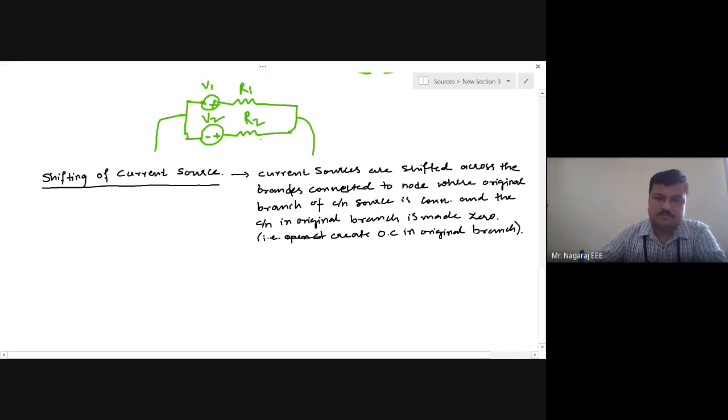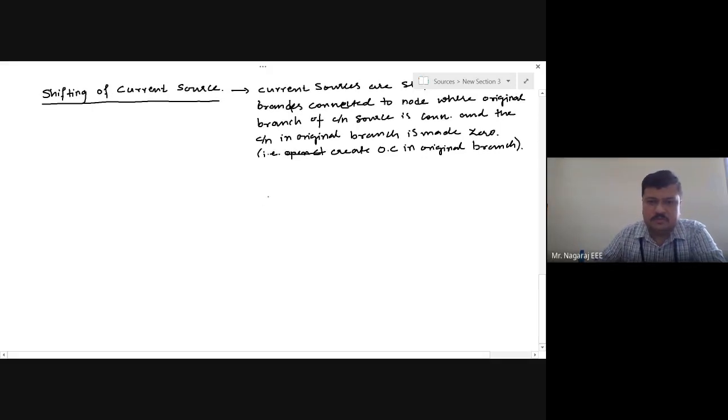Now suppose I have a circuit with multiple branches. This is some circuit I have.